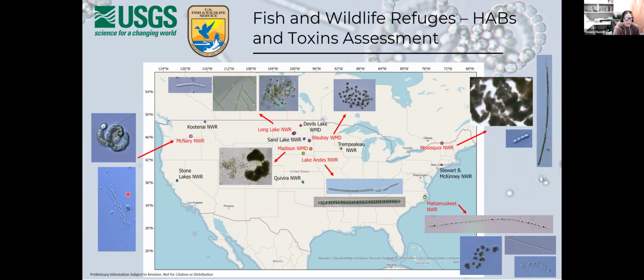The sampling was conducted at 14 different refuges, shown here on the map, in August to September of 2023. Some of these refuges have 2 locations within them, so it was a total of 22 sites. The ones in red are where we had HABs during collection. The arrows pointing to the photos indicate the dominant, bloom-forming taxa, and they were cyanobacteria. As you can see, they were all cyanobacterial HABs.